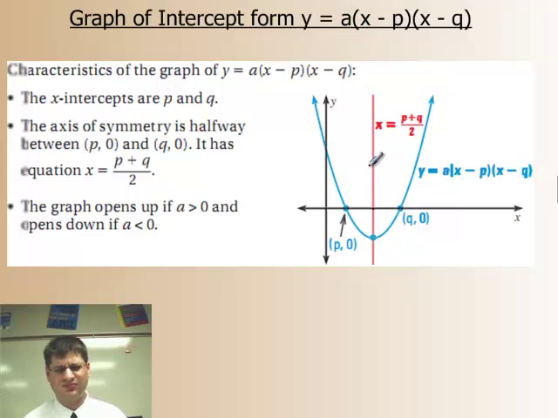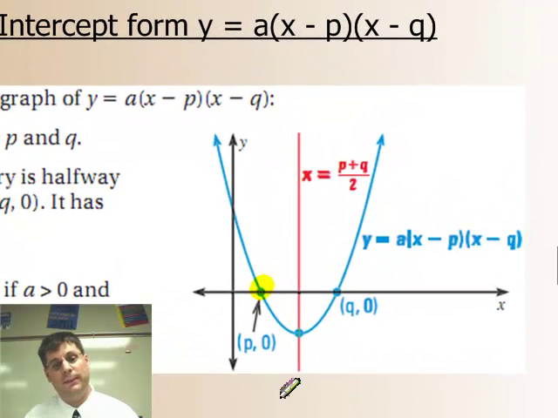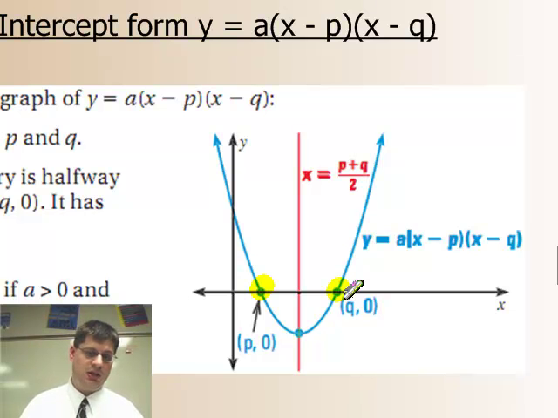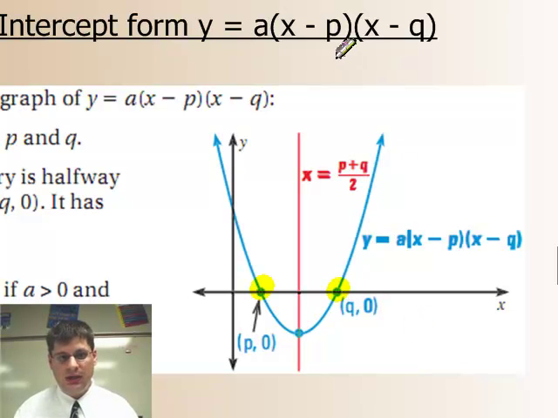So if I look at this intercept here, we give it the coordinate (p, 0), and this one is going to have the coordinate (q, 0). So p is where it crosses on the x-axis on the left, q is where it crosses the x-axis on the right. So that's where the p and the q come in on this equation.